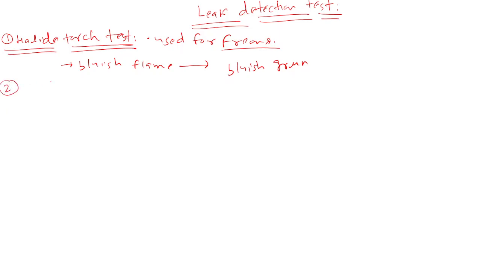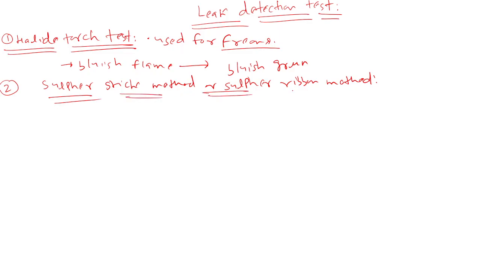The second test is the sulfur stick method or sulfur ribbon method. It is used only for ammonia, NH3, leakage. If we are using ammonia as a refrigerant, there we will use it. And what would be the working?